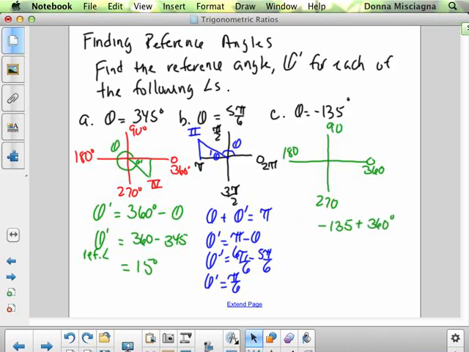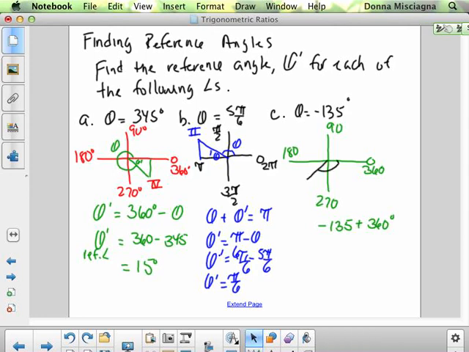So a coterminal angle is an angle that has the same terminal arms, but goes a different direction or doesn't go around the circle as many times. So negative 135 is over here.